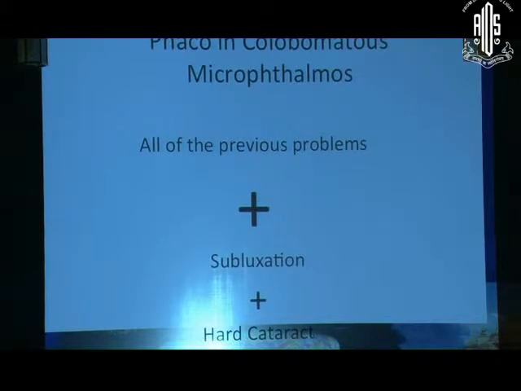When you do phacoemulsification in colobomatous microphthalmos, you get all the problems of nanophthalmos plus subluxation, and this is a hard cataract. I am showing a case of microphthalmos with coloboma. It is a very hard cataract.